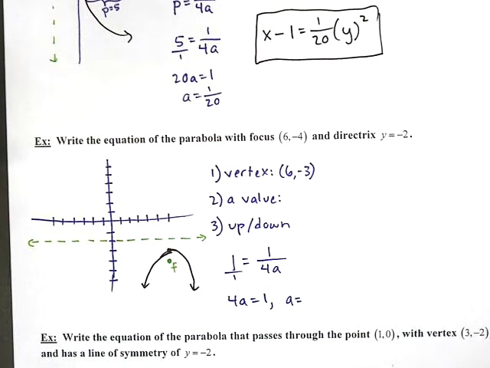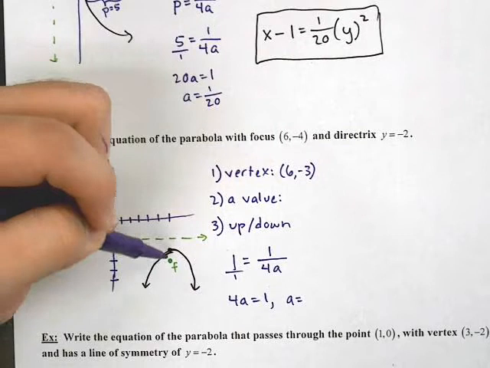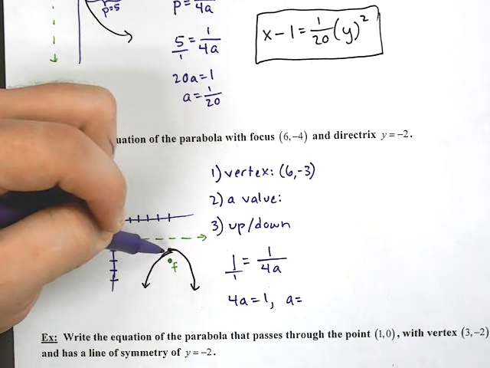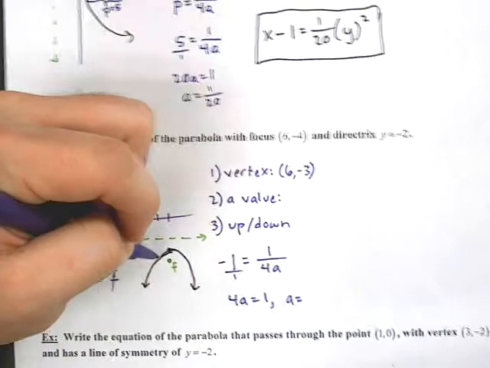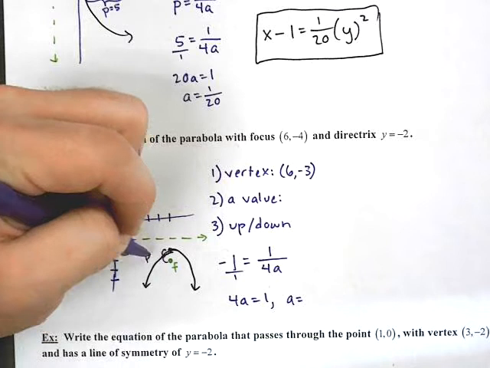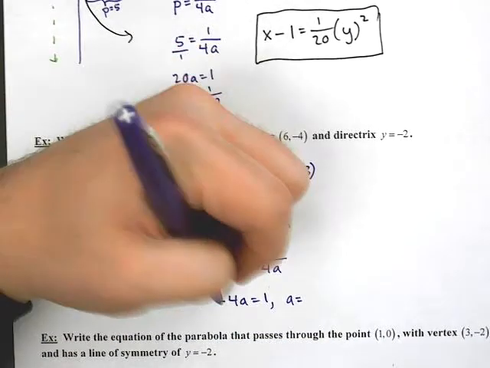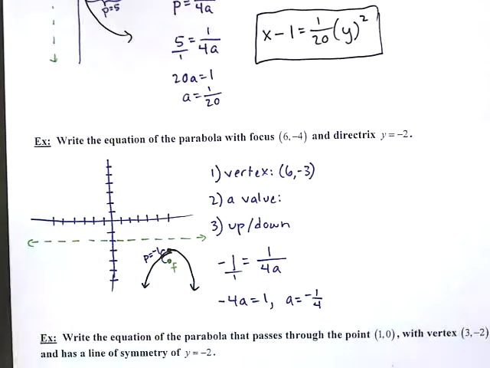Someone help me out. Maybe we won't make this mistake again. We have to remember that if we're going down to the focus from the vertex, then actually our p value is negative 1. I goofed up. Sorry about that, guys. So p is equal to negative 1. Which means I have negative 4a is equal to 1, which means a is equal to negative 1/4.